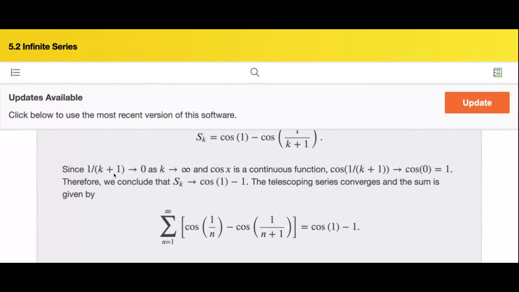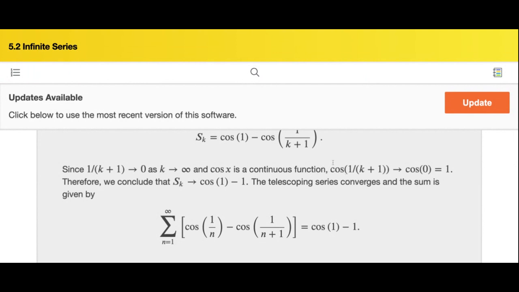Since 1 over k plus 1, as k approaches infinity, approaches 0, and cosine x is a continuous function, we take the limit of cosine 1 over k plus 1. The limit and cosine can be swapped.